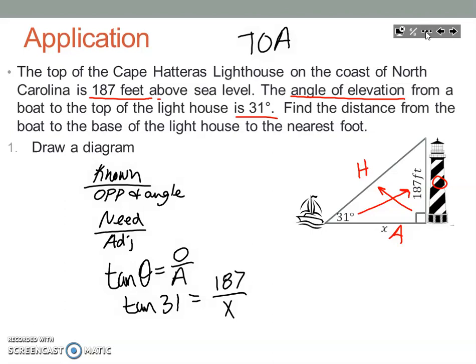X on the bottom. Remember, with the x on the bottom, we can use that little trick. If the x is on the bottom, these two just switch spots. That gives me x equals 187 over tangent of 31.